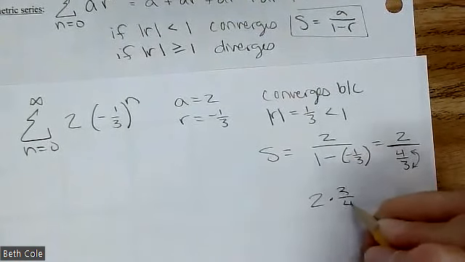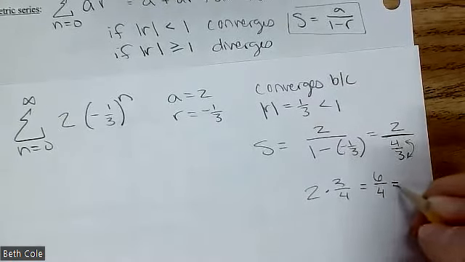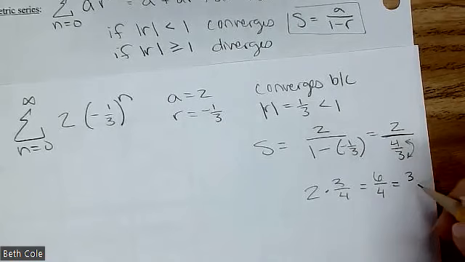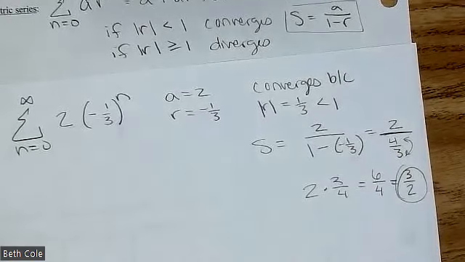So it would be times 3/4, and then what would that give you? 6/4. Let me write it down. 6/4 would be 3/2.